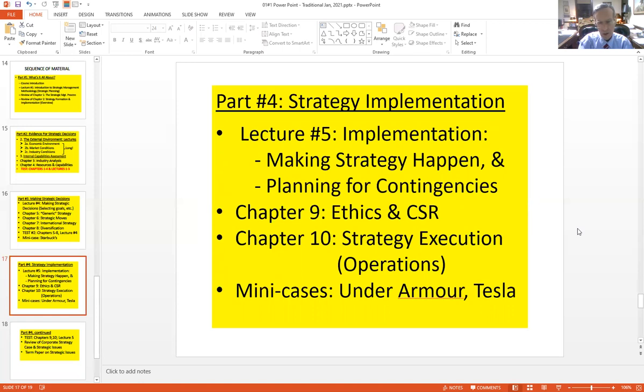It's just terribly unfortunate that academicians have not spent more time on how strategy happens, how it's implemented, because what I have learned from studying strategy implementation is we don't know much about it. There will be times when I'm going to give you my opinion, my judgment from my experience as a strategy manager.